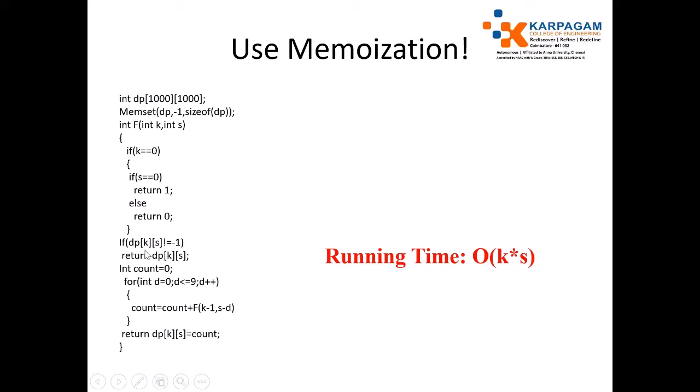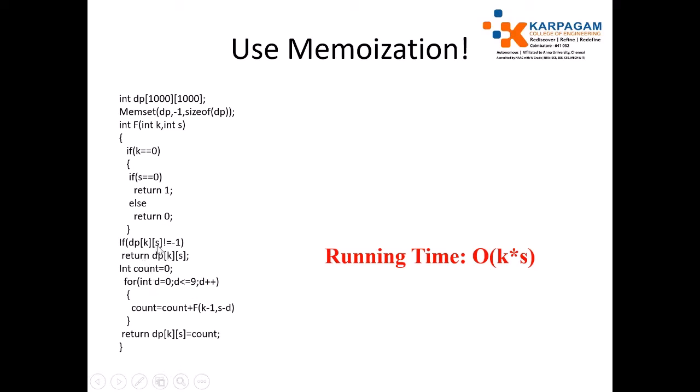Then have the dynamic programming approach. Use dp of k comma s. k means digits, s means sum. Initially it was minus 1. If it is minus 1, we didn't calculate that f of k comma s already, so just use the recursive approach.